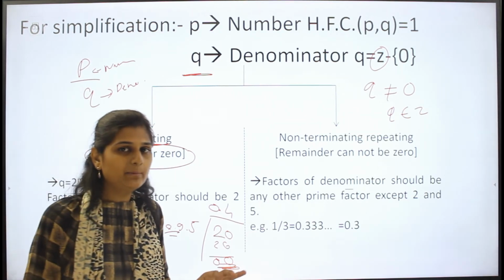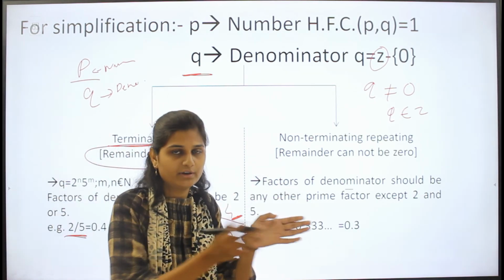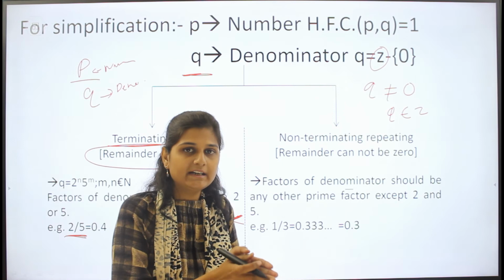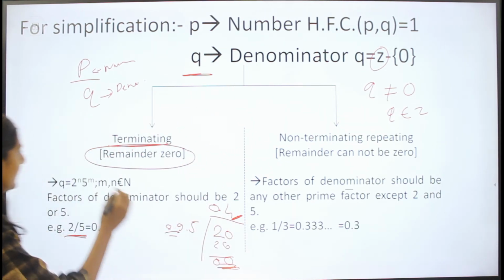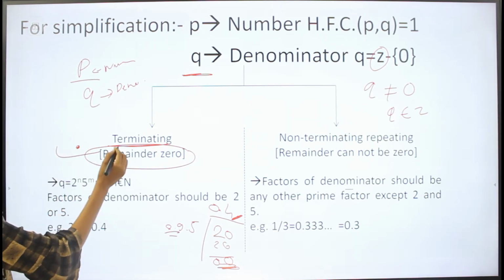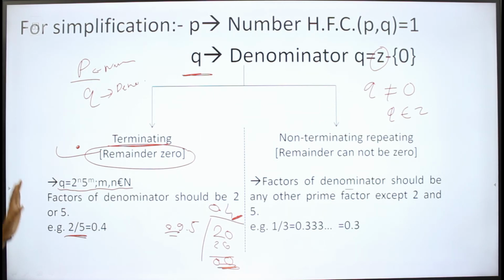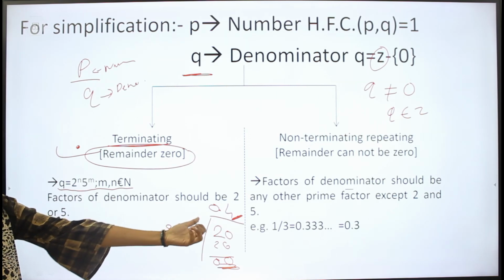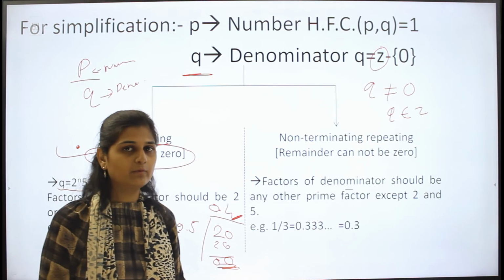That means it terminates, it ends at some value, it does not continue or repeat, and you are getting the remainder as 0. So that will be your terminating value, and if it is terminating, the denominator will be in the form of 2 raised to n, 5 raised to m. So this is the simple thing, and the factors of the denominator should be 2 or 5 or both.